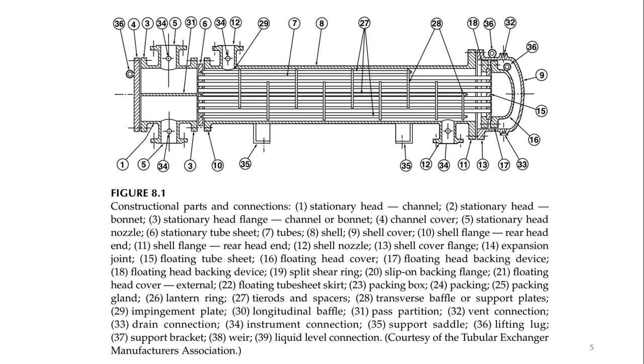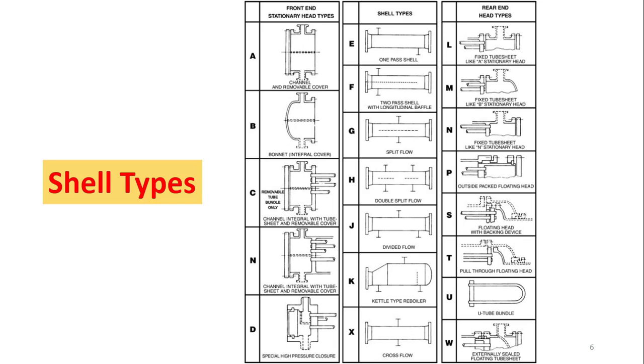So the next is the shell types. The shells in the shell and tube heat exchangers are classified with specific names, right? So there are the front end and stationary head types, and the rear end head types.